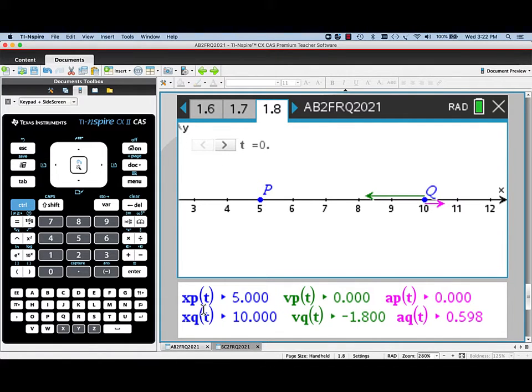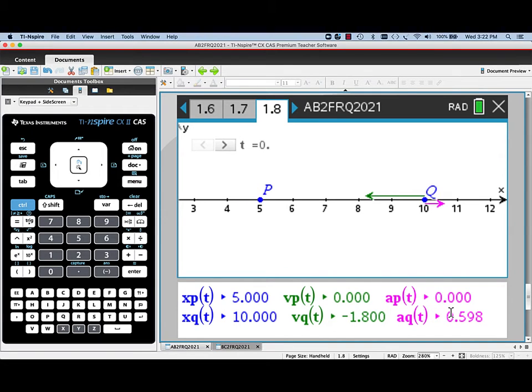Now down here at the bottom we have numerical displays for the current position at the current time readout for particles P and Q. Those are in blue. In green here we have the velocities of the two particles, and in magenta we have the accelerations of the two particles.